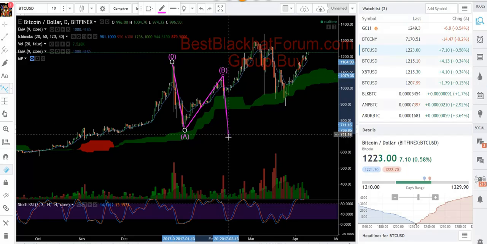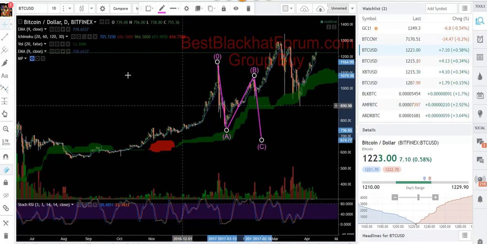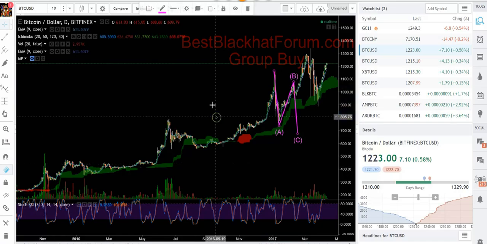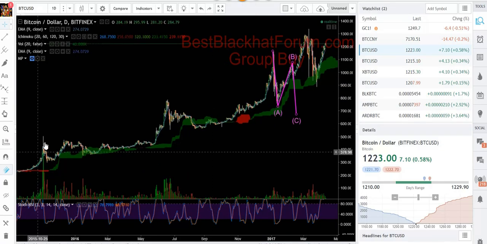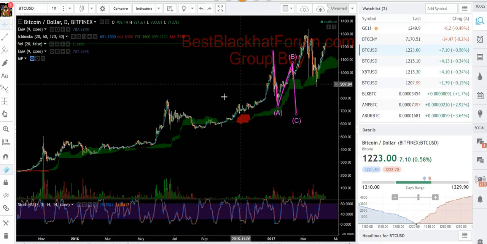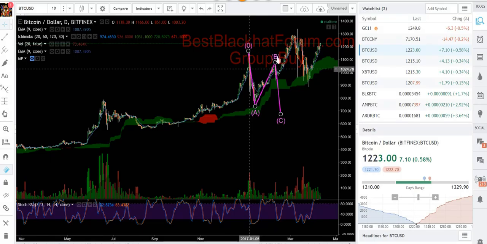I was really thinking that we were going to get a deeper correction in here down to about 680 or so, based on the fact that our entire year we had made a huge run up. At that point, it looked like we had done, you know, a 1, 2, 3, 4, and a 5 of our L8 wave. And it seemed like, you know, if we were going to get an ABC retracement, that this was the time it was going to happen.